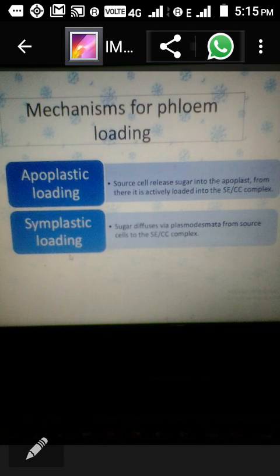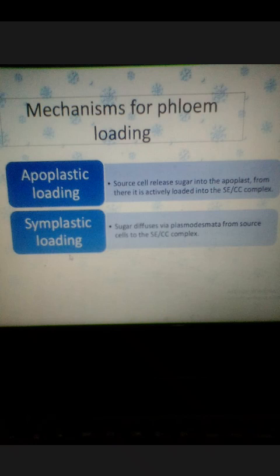Now the mechanism of phloem loading. So mechanism of phloem loading can be categorized into two categories. First one is apoplastic loading and second is symplastic loading. In apoplastic loading, source cell release sugar. Okay, the source will be leaf, we have already explained, and sugar, that is the photosynthetic product which synthesized.